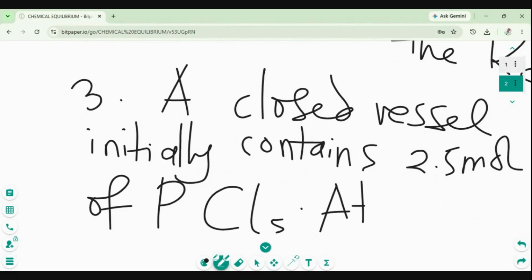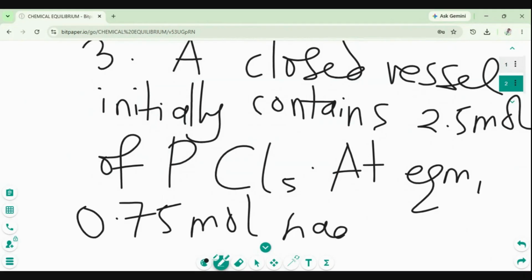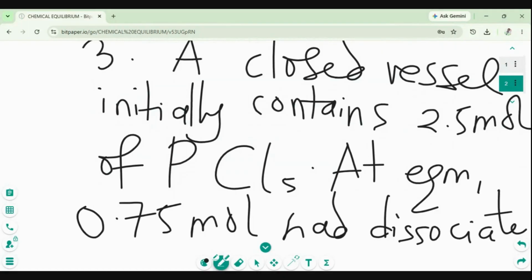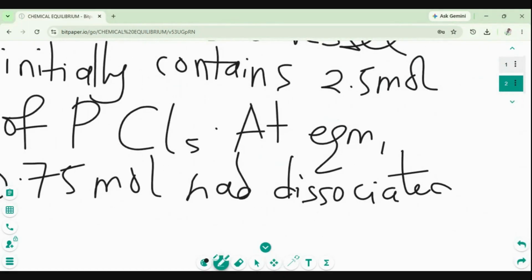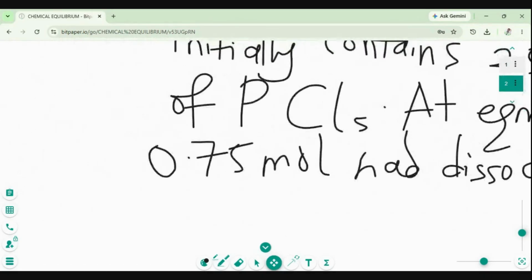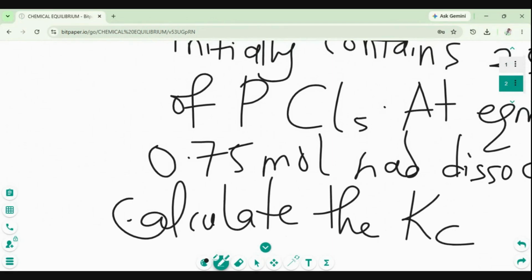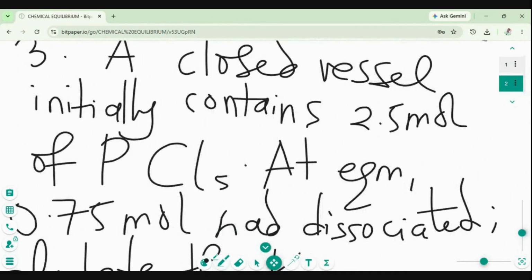At equilibrium, 0.75 moles had dissociated. Then calculate the Kc.